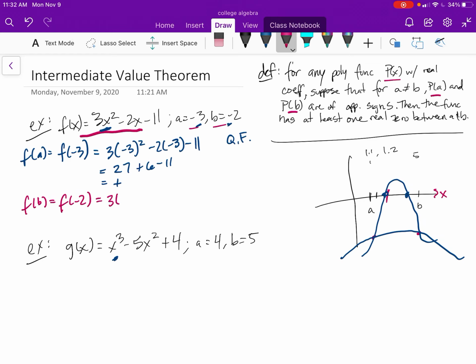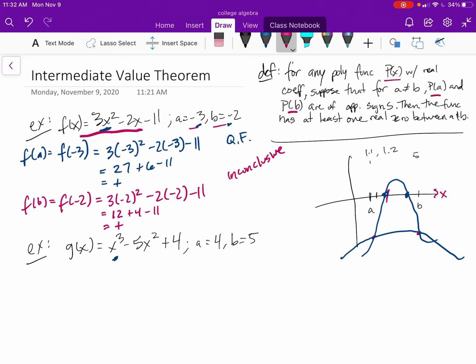We get 3 multiplied by -2 squared minus 2 multiplied by -2 minus 11. 3 times 4 is 12 plus 4 minus 11. That's 16 minus 11 is 5. Positive. Inconclusive.